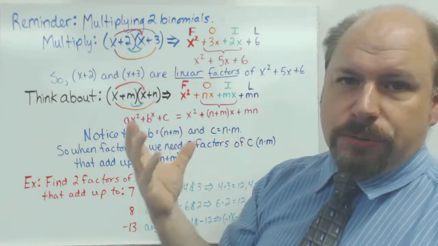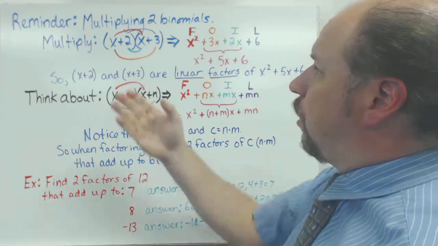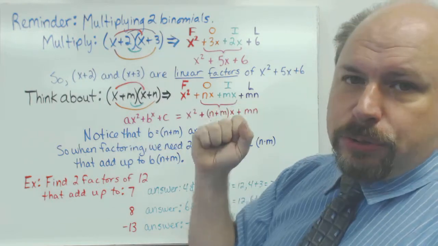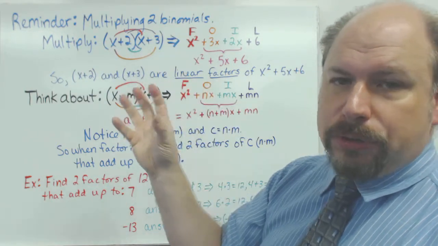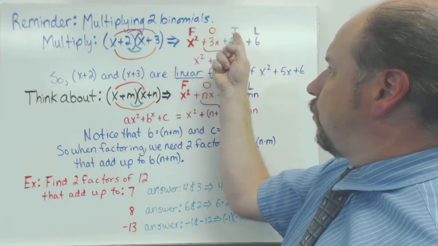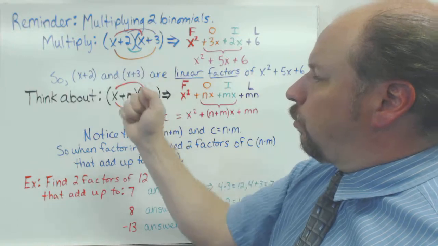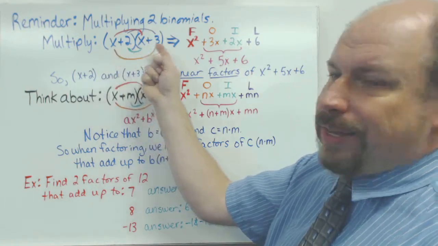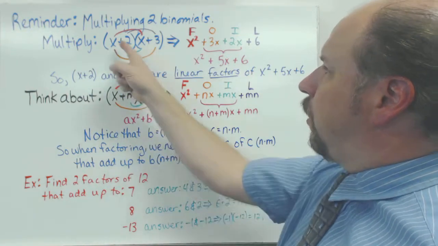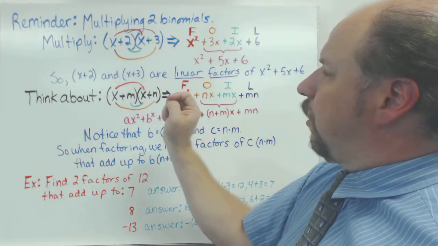Okay, so here are just some reminders to help you out, some background information. When we multiply two binomials, remember we talked about doing that, and we use the FOIL method: first, outer, inner, and last. So here is just a reminder of when we're multiplying. If we want to multiply x plus 2 times x plus 3, remember we take the first, x times x is x squared.